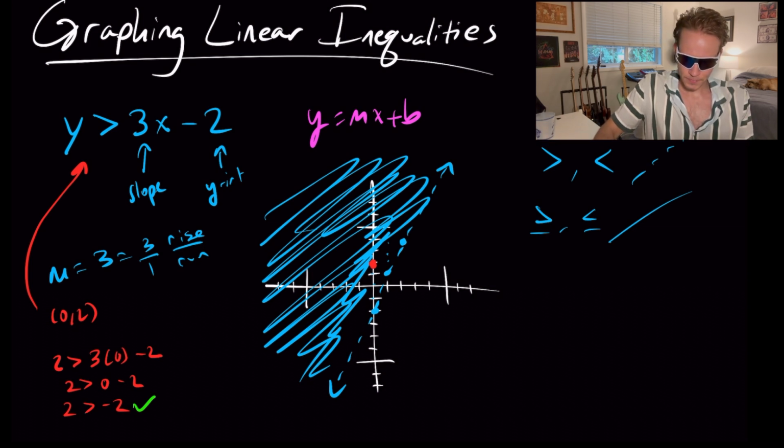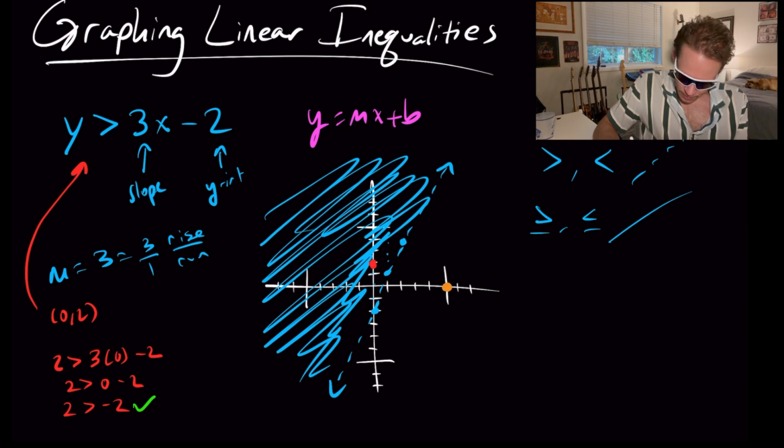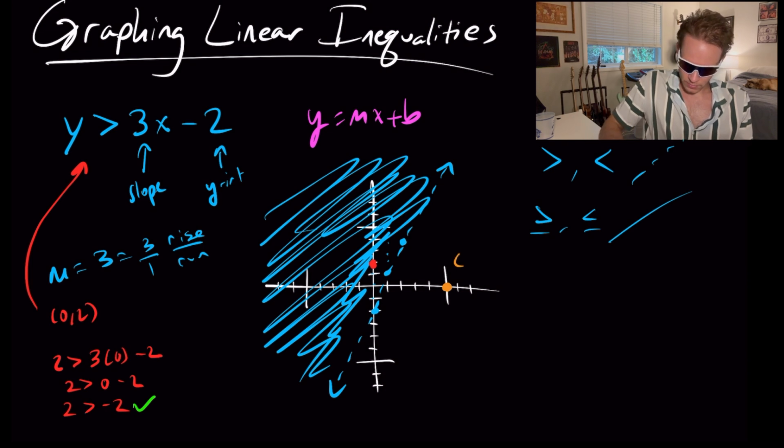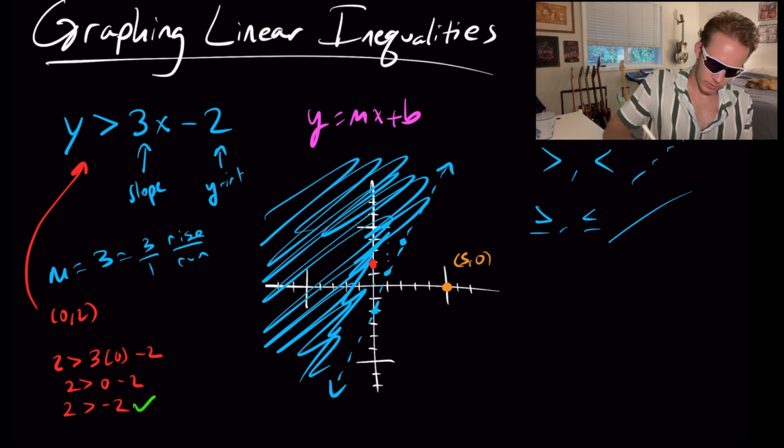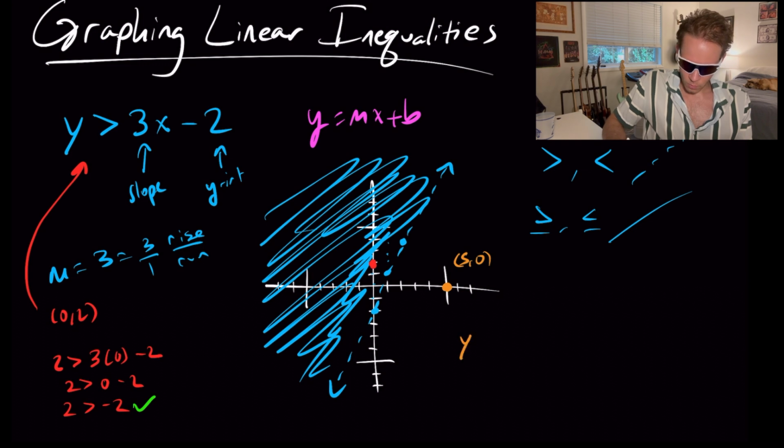It is one of many solutions that we could pick. But let's say I picked a point out here, not in that shaded region. That's going to be (5, 0). I'll plug it back into this inequality over here. We'll get y is greater than 3x minus 2.